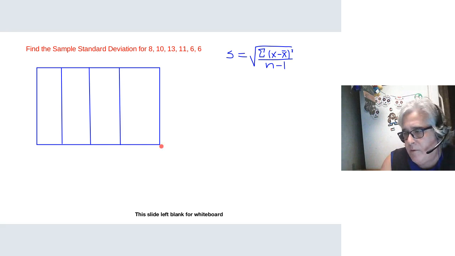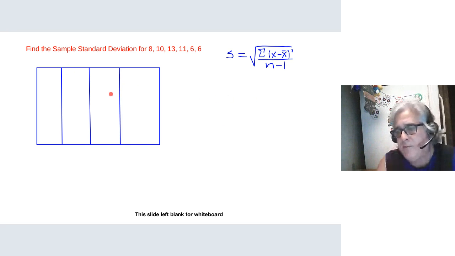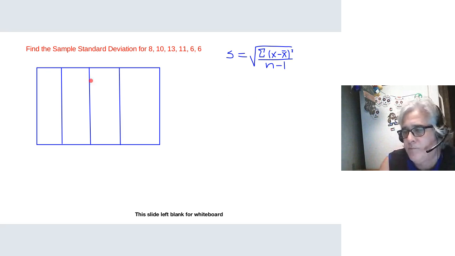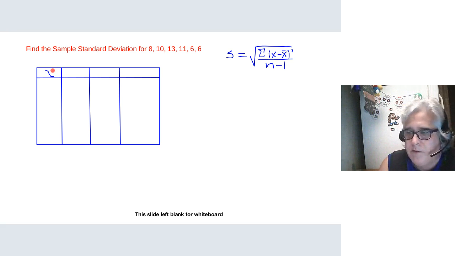All right, let's see if we got enough here. So we're going to put X here. And what I'm going to do is write those values.